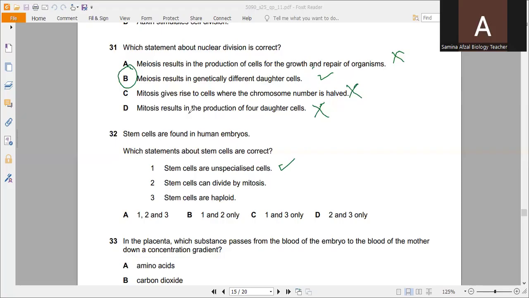So they are unspecialized cells. Stem cells can divide by mitosis. Yes, they divide by mitosis. Stem cells are haploid? No, they are not haploid. Stem cells are diploid, so this statement is wrong. So only statements 1 and 2 are correct. So B is the correct option.